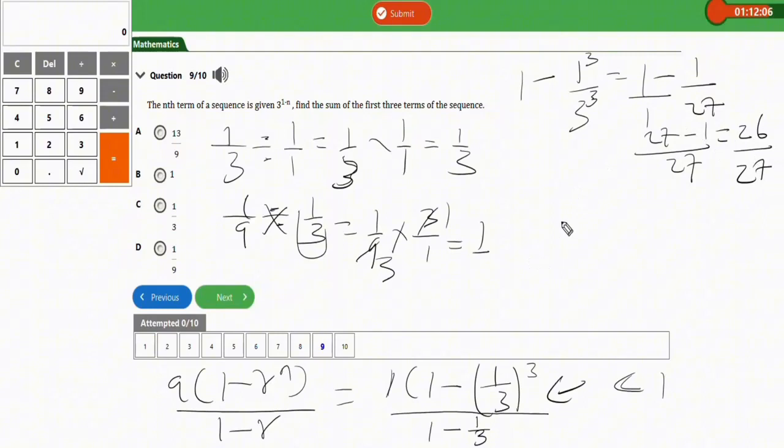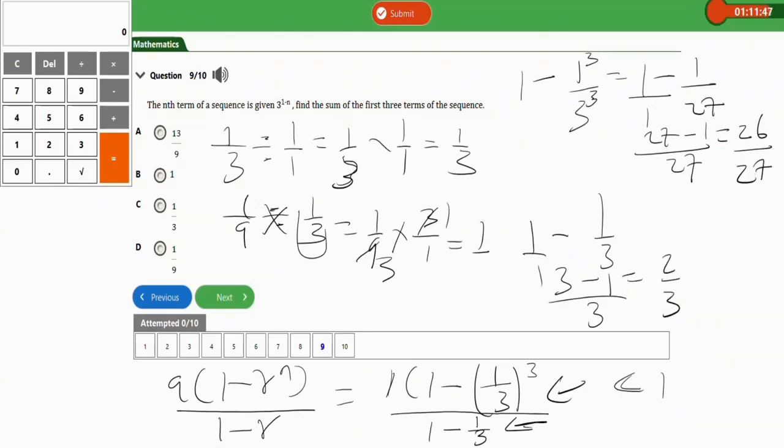That's for the numerator. Let's simplify the denominator. The denominator is 1 minus 1 over 3. LCM is 3: 1 into 3 is 3, minus 1, so we have 2 over 3.